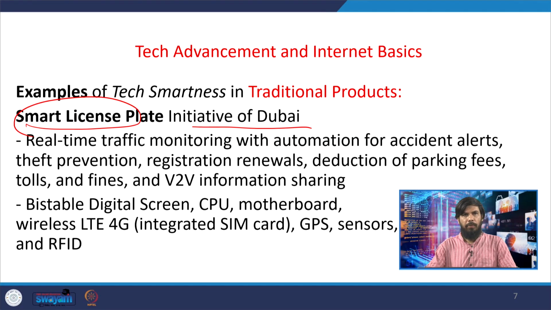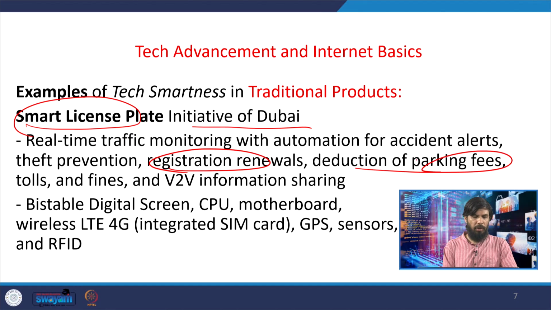In case a vehicle gets stolen, that same smart license plate can help detect that theft, and therefore prevent it in an overall sense. Registration renewals, right, that can also be facilitated, because there can be a connection through that smart license plate.